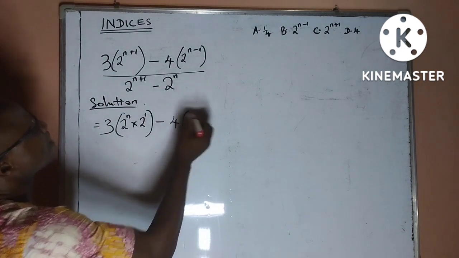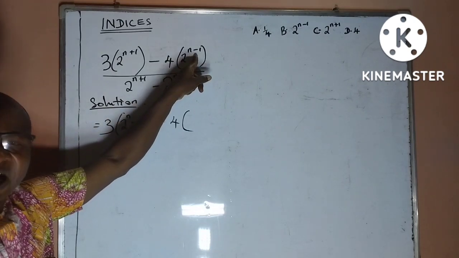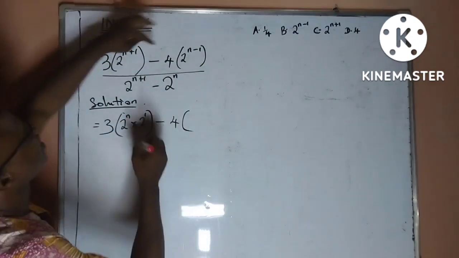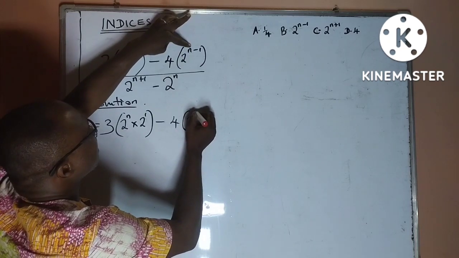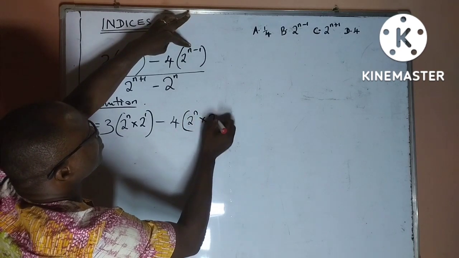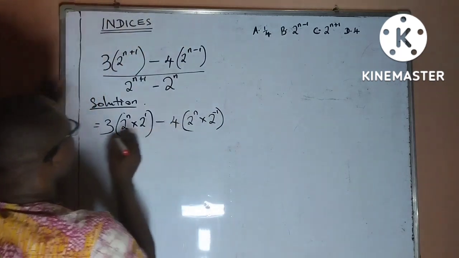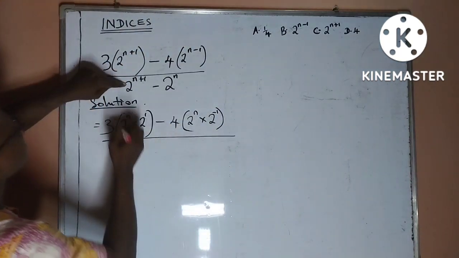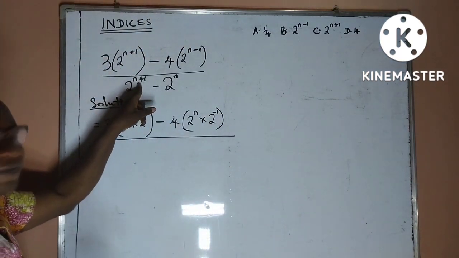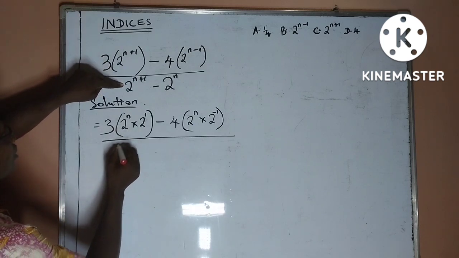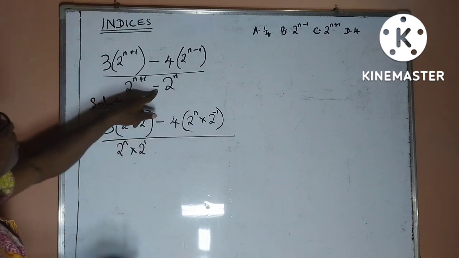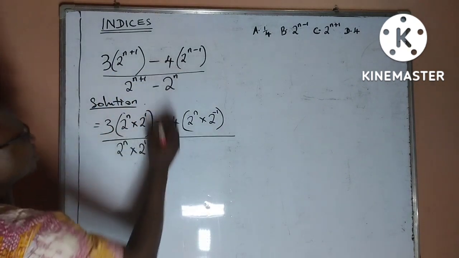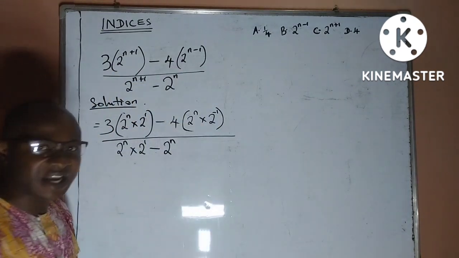Minus 4 into the bracket, I will still apply the law of indices, and this will be written as 2 raised to the power n multiplied by 2 raised to the power negative 1. Everything all over, I will apply the same law to have 2 raised to the power n multiplied by 2 raised to the power 1 minus 2 raised to the power n. So this is my first step.